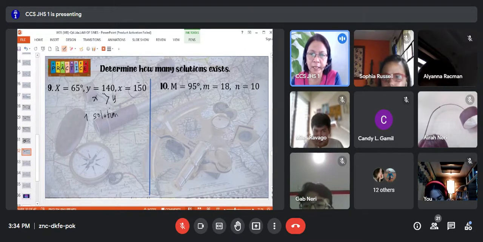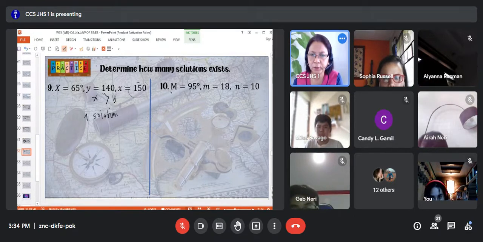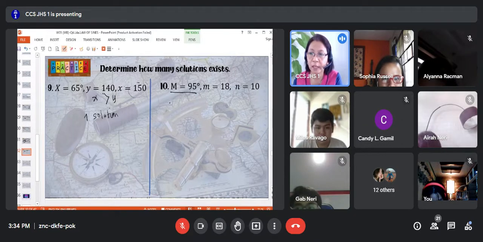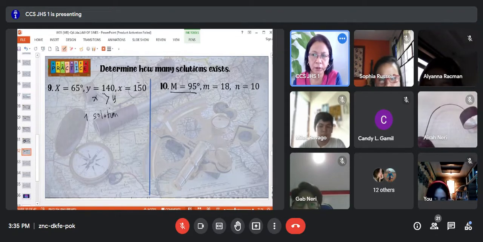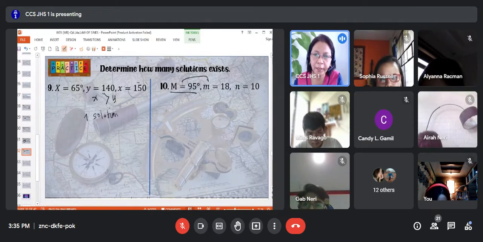Next, number 10. Acute or obtuse? 95 degrees is an obtuse angle, right? So are we going to solve for H? No need. Okay, compare now the side opposite angle M with the other side.